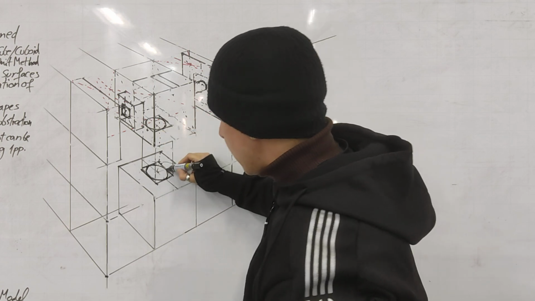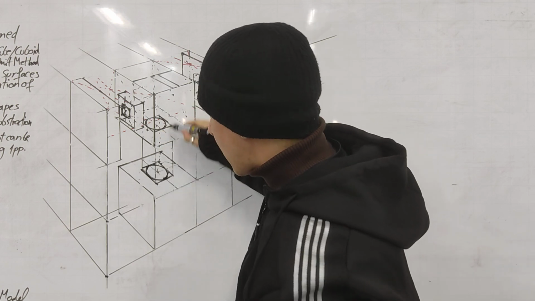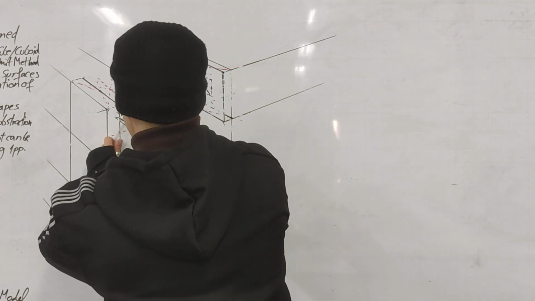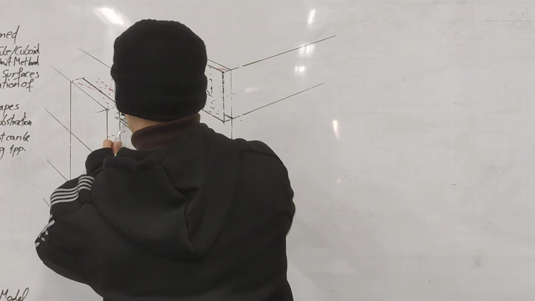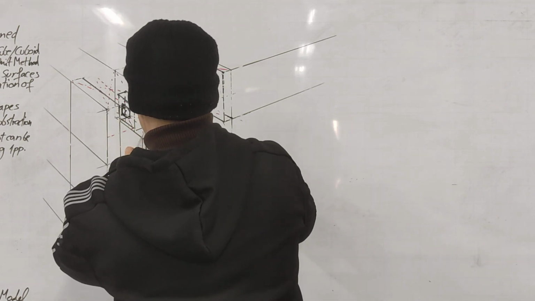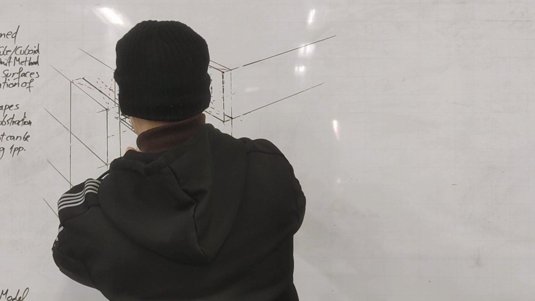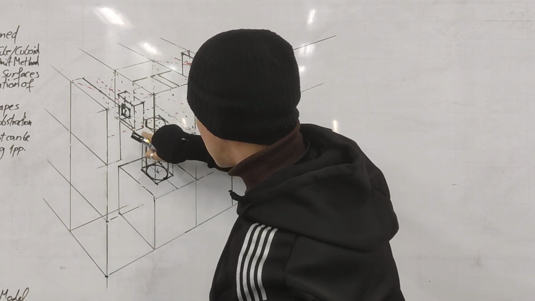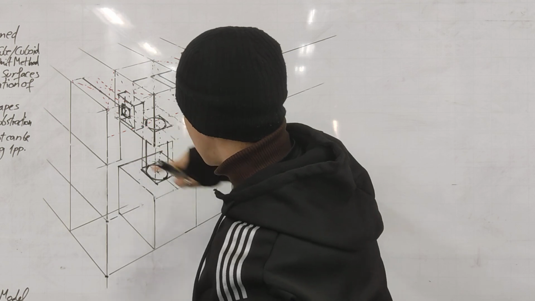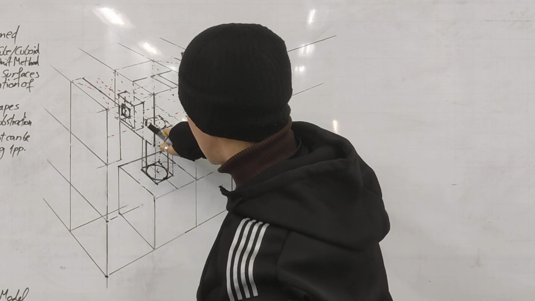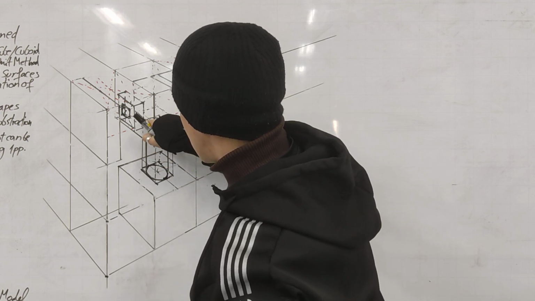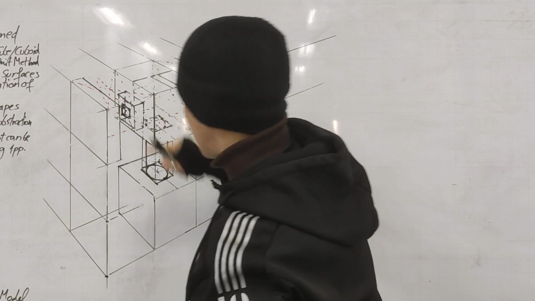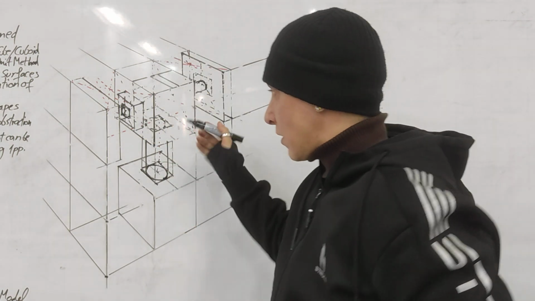And then connecting the circles at their widest point. All of this will be hidden here. Let me delete a little bit here. All of this will be hidden underneath.